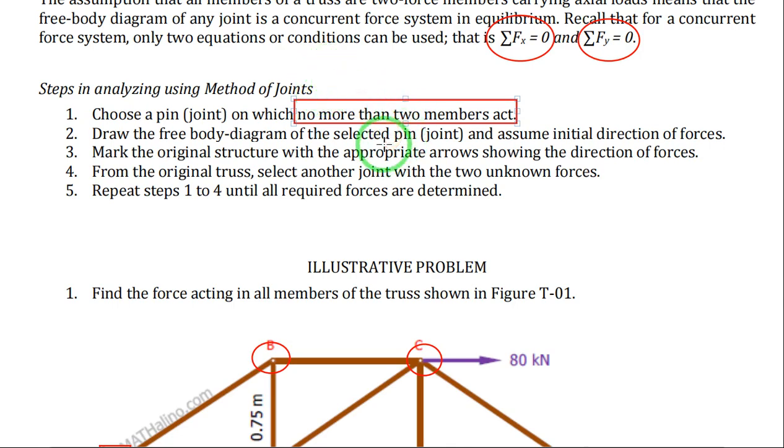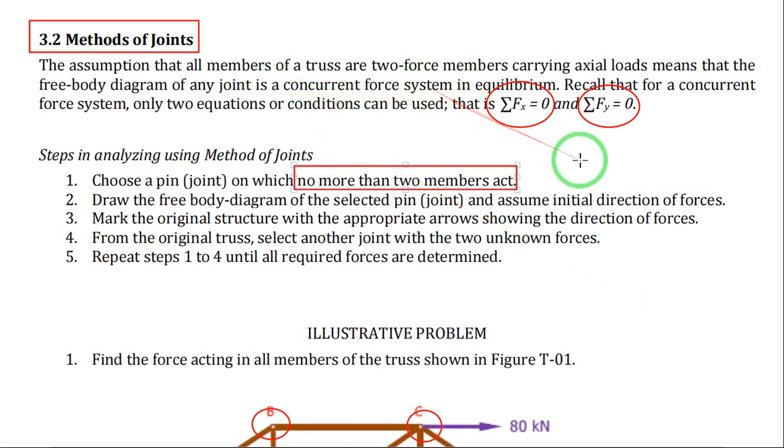It's because what you're dealing with will be a concurrent force system, and recall again that in a concurrent force system you can only use the summation of forces along x equals 0 and the summation of forces along y equals 0. The second step is to draw the free body diagram of the selected pin or joint and assume the initial direction of forces.